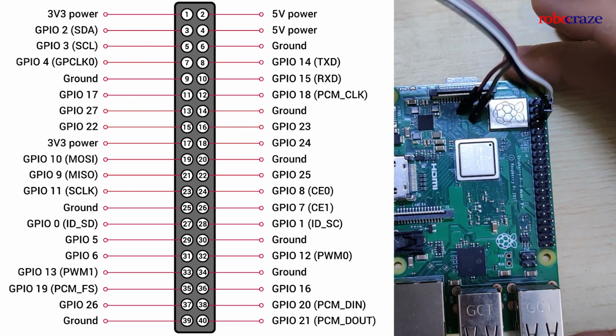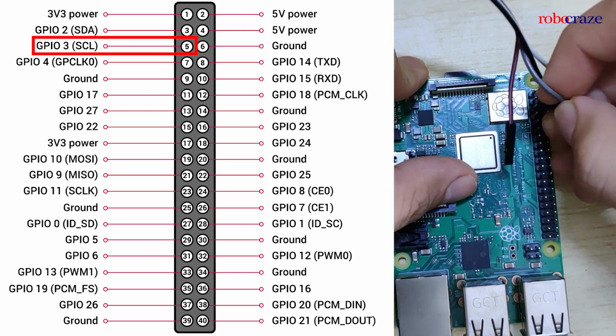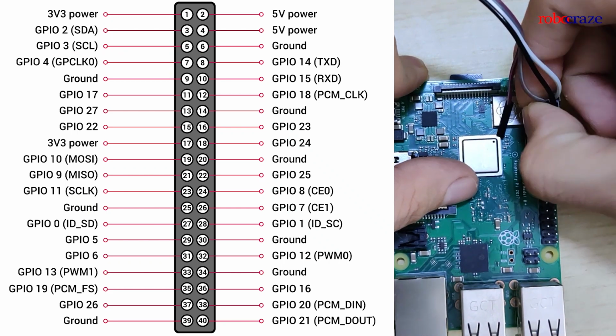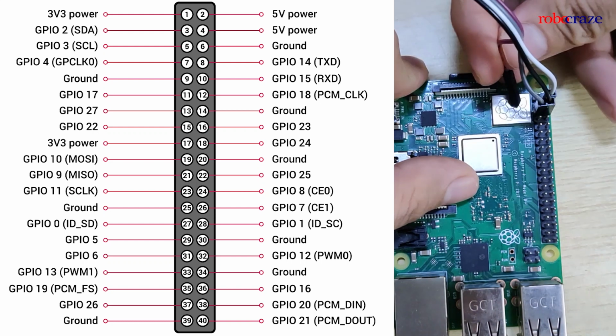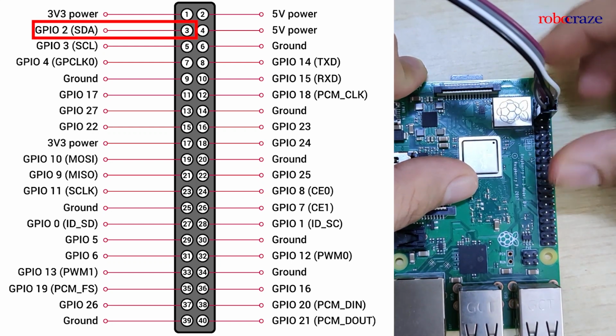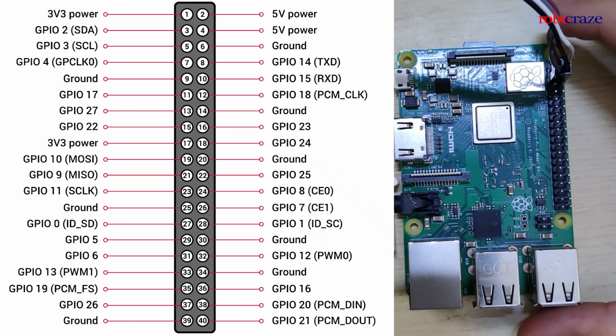So this gray wire is SCL, so that is the one adjacent to ground. So I'll just go ahead and connect that. And then the one next to 5 volt, that is our SDA pin. And that's all the connections that we need to do. Our OLED is connected.